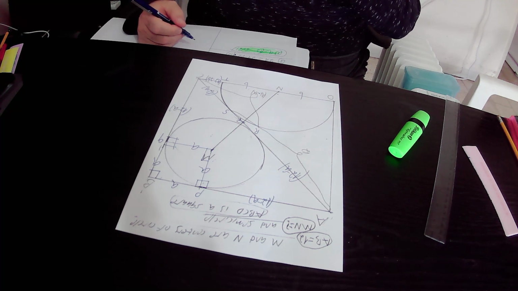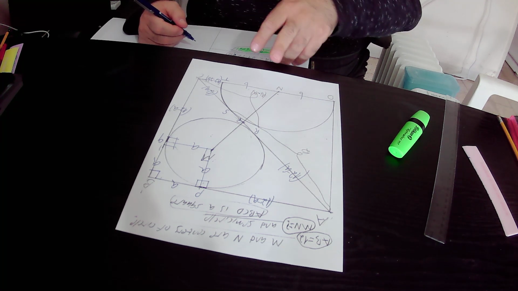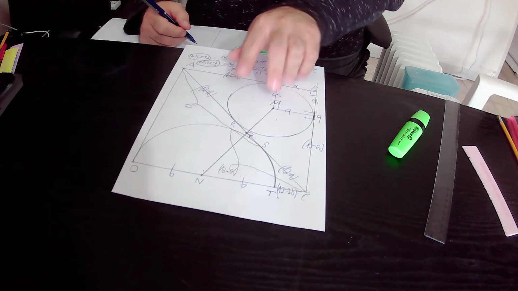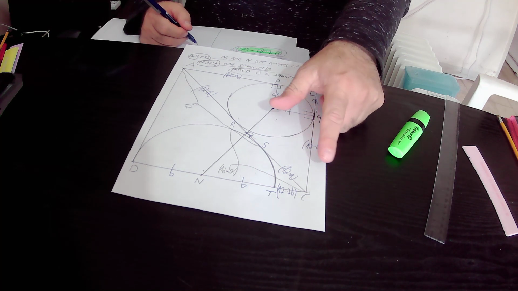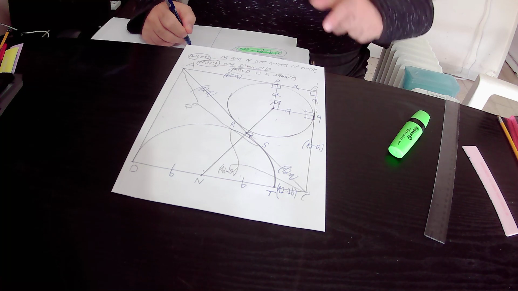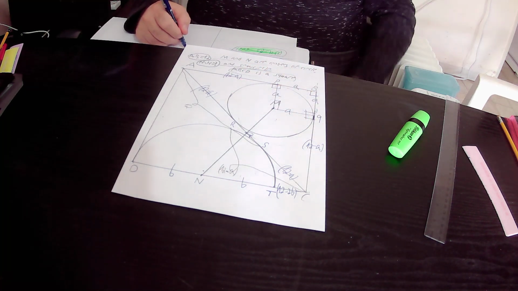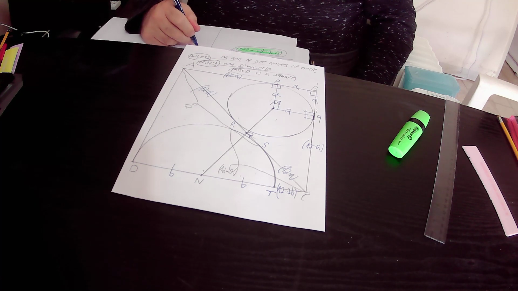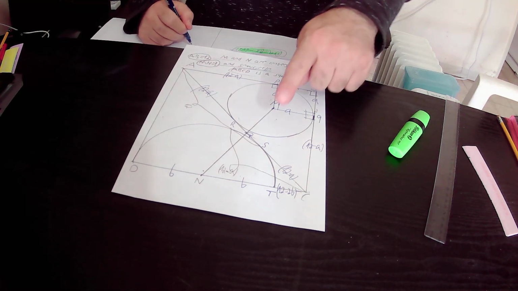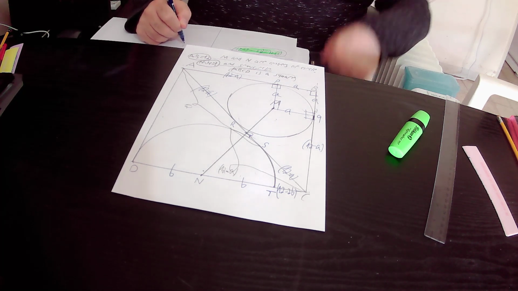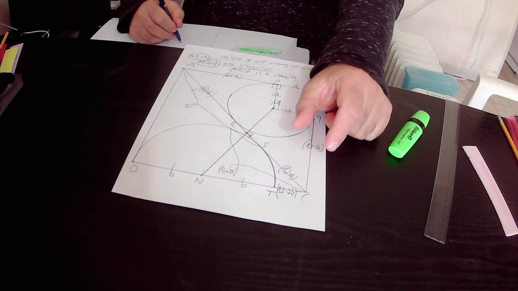In the next step, we will also find out the value of NC. It is very easy to see from the drawing. NC equals NT plus TC. So NC equals NT, that is B, the radius of the semicircle, plus TC, that is 12 minus 2B.